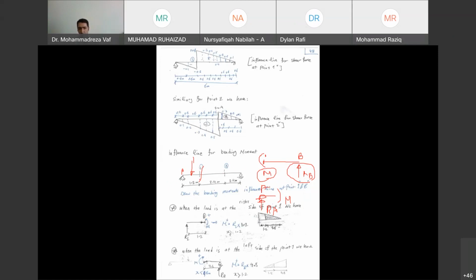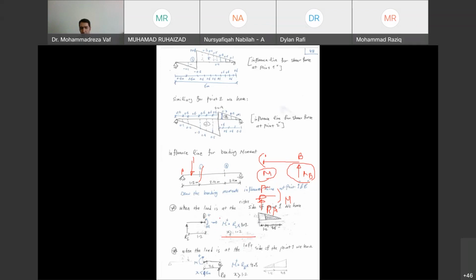If I cut from here, the right side doesn't have any load, so I can say that M equals RB multiplied by 4.8. When the load goes to the right side of point 1, meaning it's moving to this side, I can always calculate M based on RA, because RA multiplied by 1.2 gives me the bending moment. This is what we have done here in the calculation.